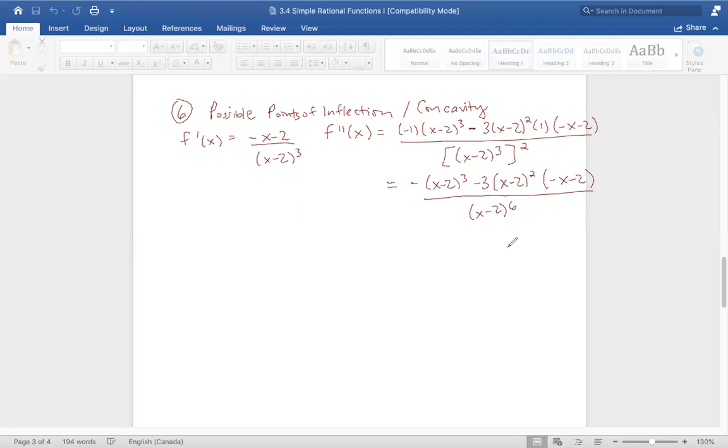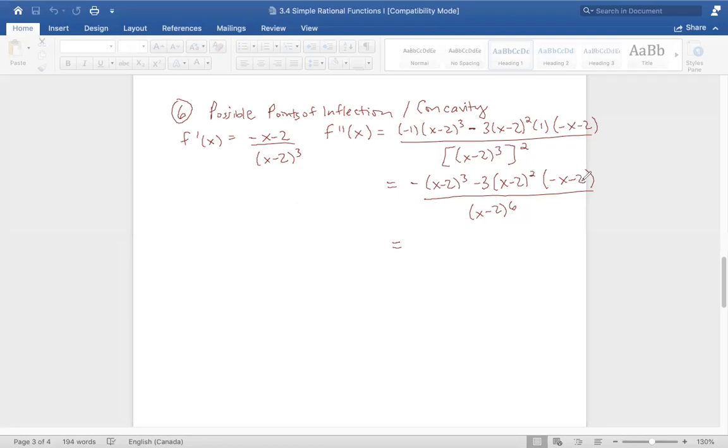And then what could I have here? If I take a look, I have (x minus 2) to the exponent of 3, and I have (x minus 2) to the exponent of 2.